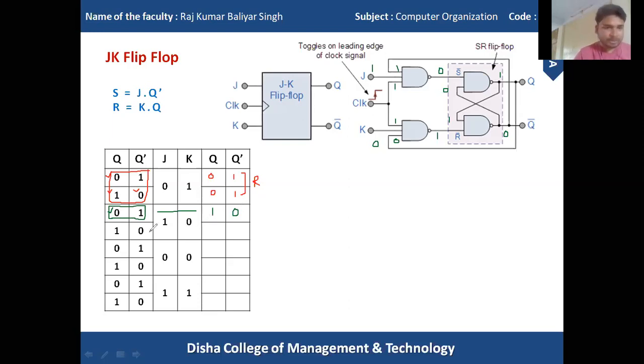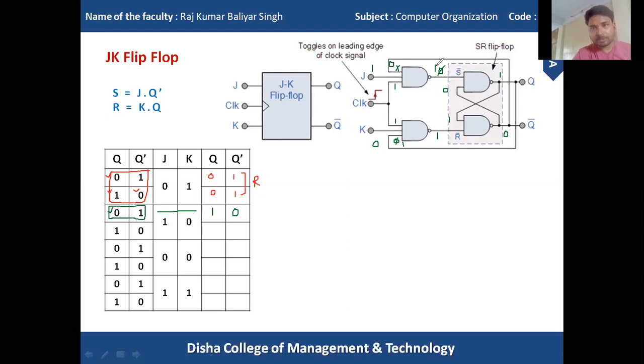Again, let's change the q and q naught values with the same values of j and k. So q becomes 1 here, this 0 is replaced with 1, and this 1 is replaced with 0. Then what will the output be? That is 0 1 0, that becomes 1 here, and 1 0 1 becomes 1.